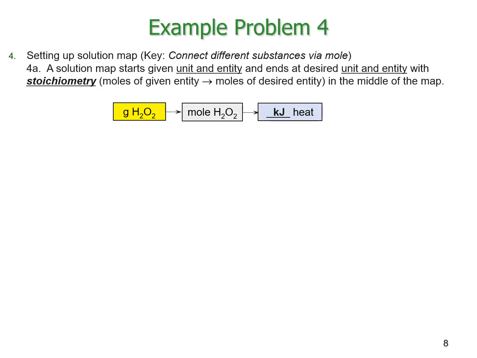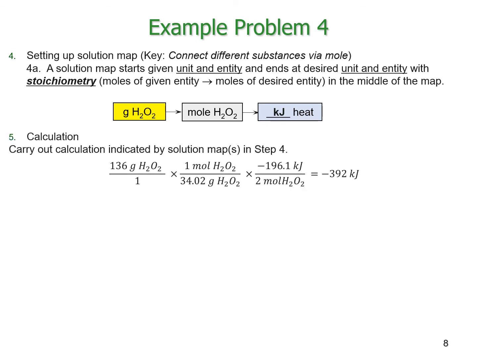All right, so this is our solution map we have just discussed, from grams of H2O2 to moles of H2O2 to kilojoules of heat. As we carry out the calculation, this is what we have. We find out it's negative 392 kilojoules. So in order to answer this question, we say negative 392 kilojoules is released.